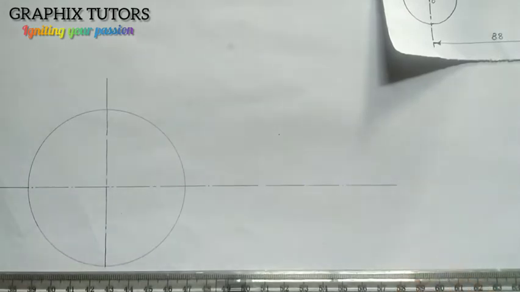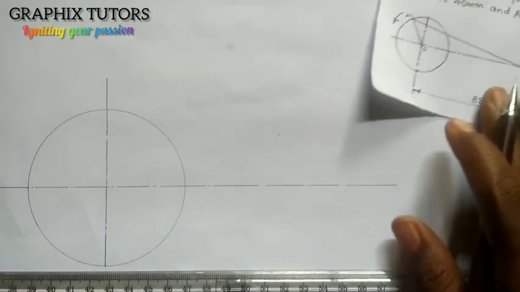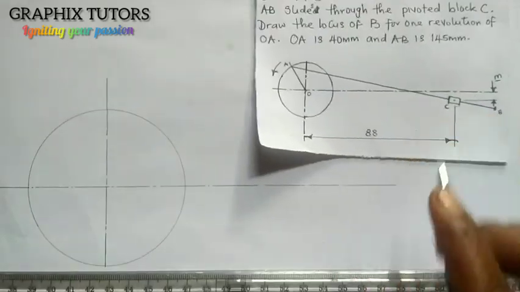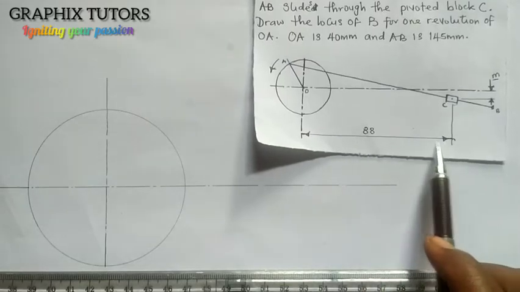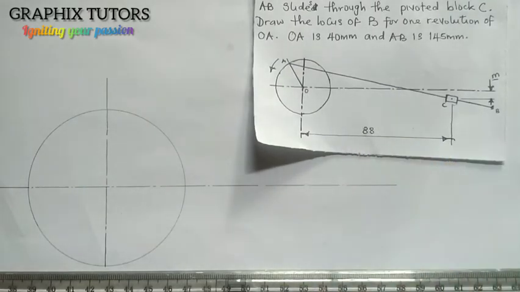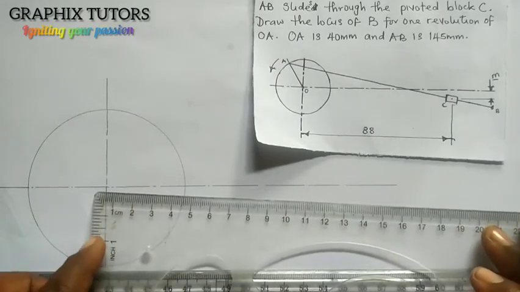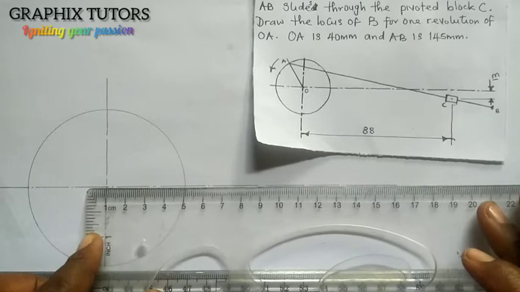Now the next thing, I'll measure 88 from this center. I'll take my meter rule, place it here, and measure 88.